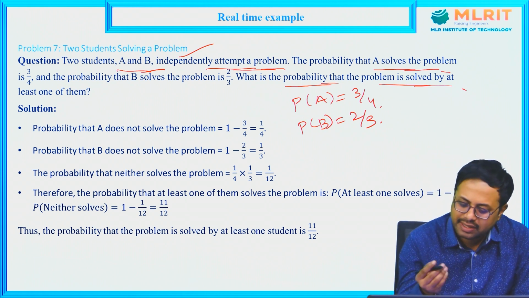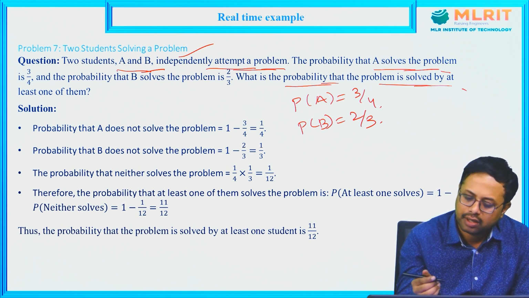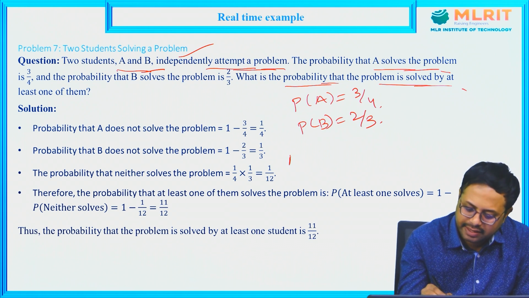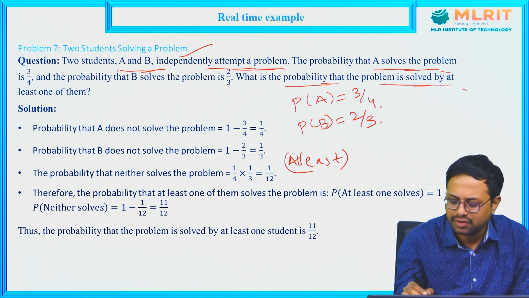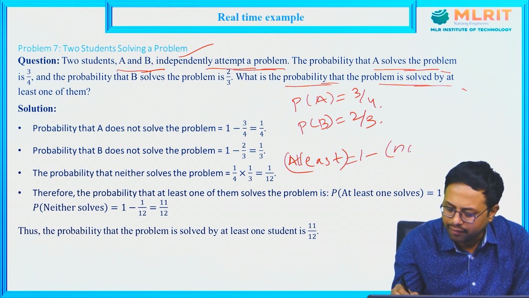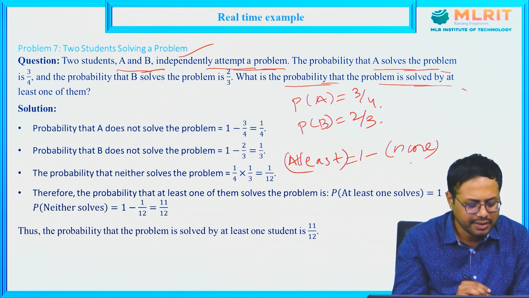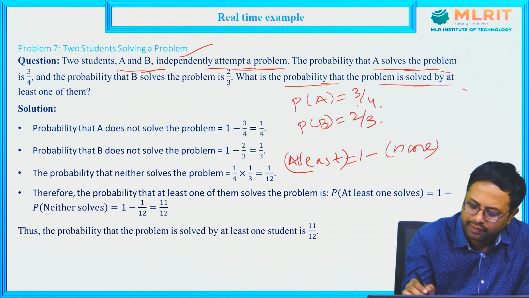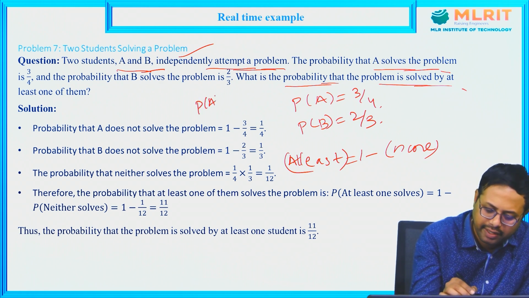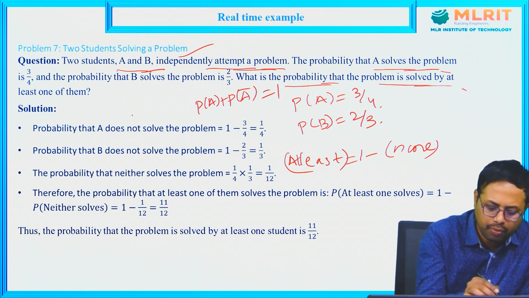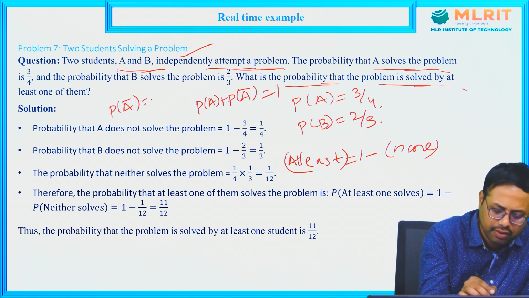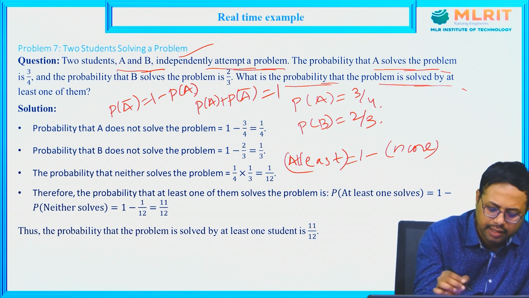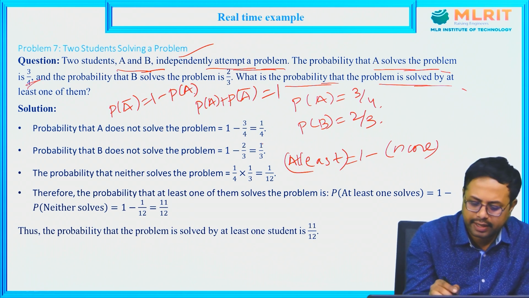At least means it may be 1 or 2. If I want to calculate the probability of the event at least, I can also use 1 minus none, that is, 1 minus neither solves. The probability of event A plus the probability of not solving the problem equals 1. So the probability of not solving is 1 minus P of A, that is 1 minus 3 by 4, which is 1 by 4.